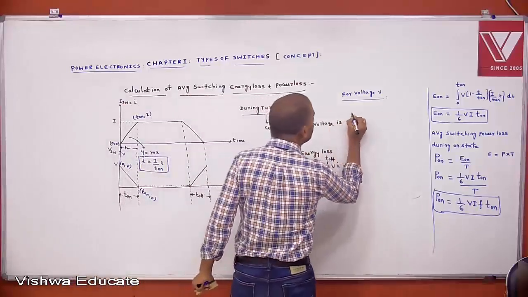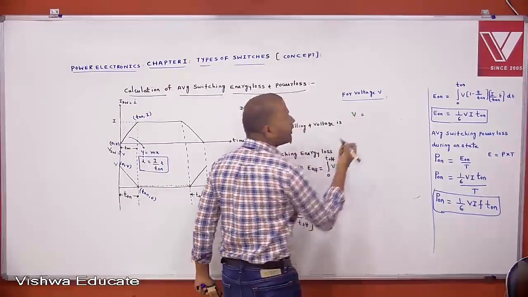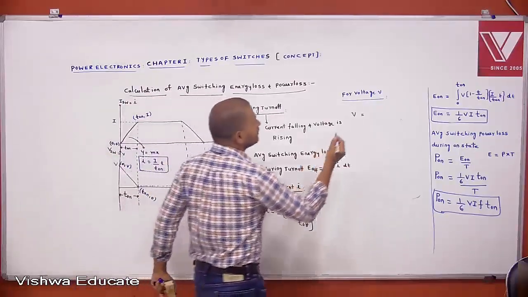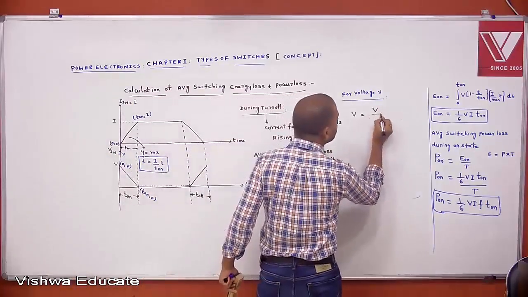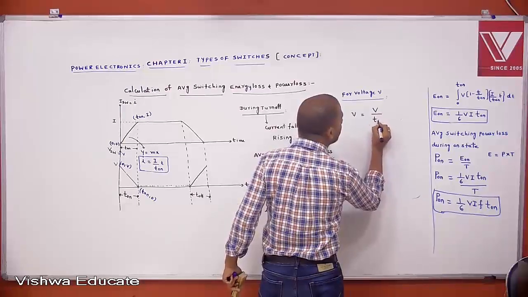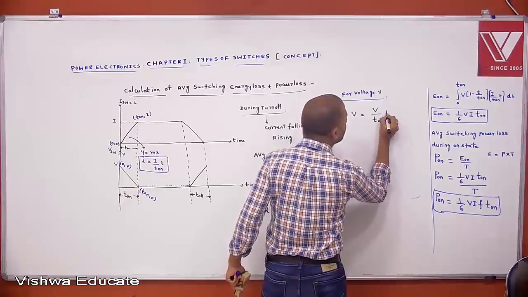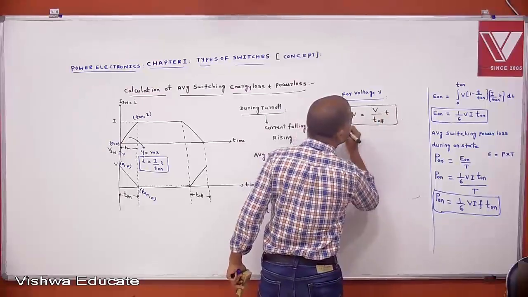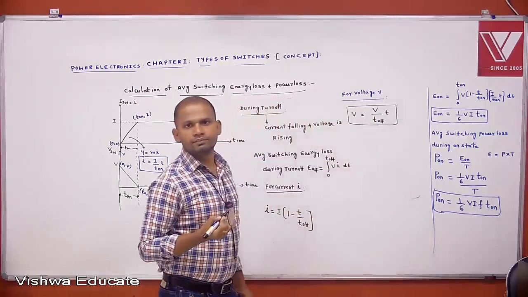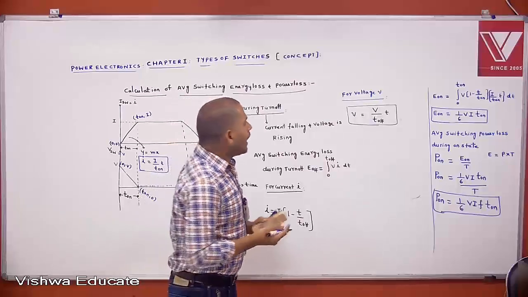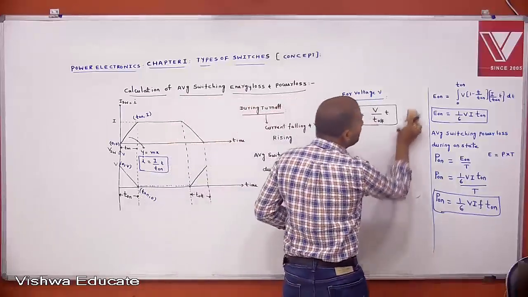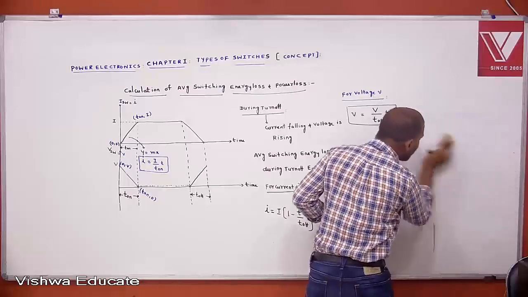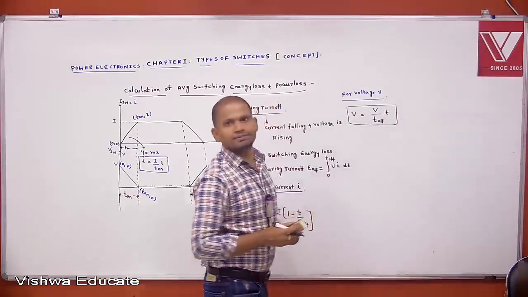Then V equal to amplitude is V, capital V, by during which time? Off time. T off. V by T off into T. Understood? Now you calculate what is the average energy loss, off state energy loss and off state power loss.